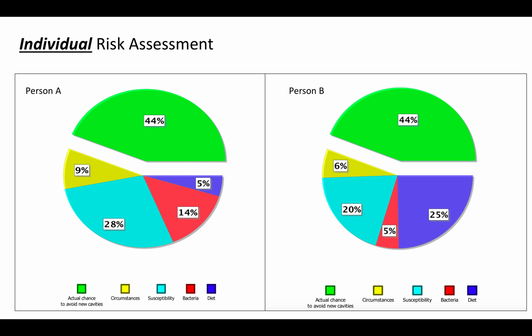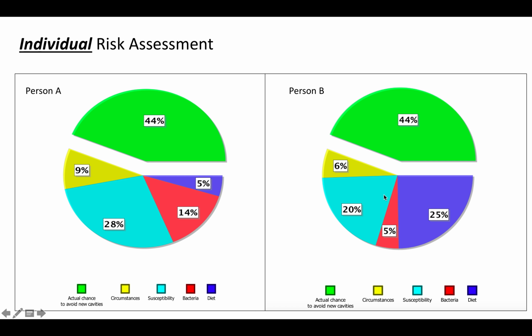If we look, for example, at these two people, you can see that they have the same chance of avoiding new cavities. So there's a 66% chance that they will develop new cavities over time. So both of them have the same risk level.